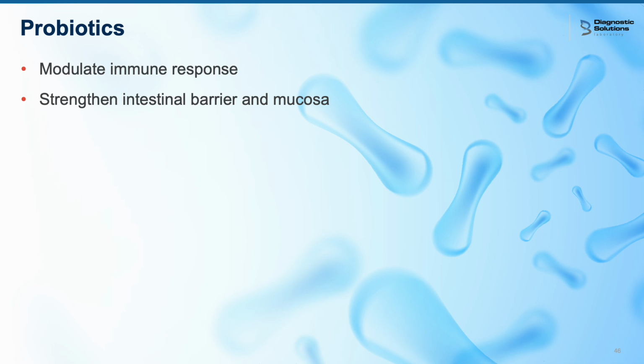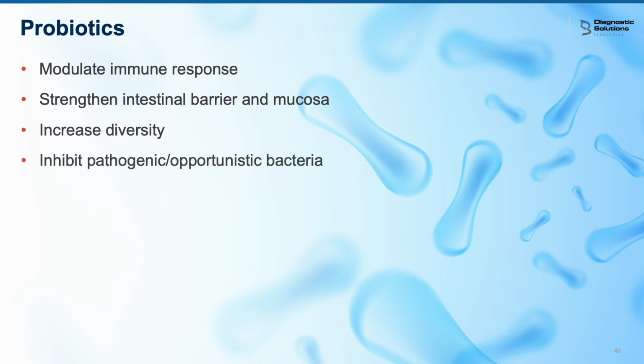They can strengthen the barrier and mucosal production, increase bacterial diversity or microbial diversity. Probiotics can inhibit pathogenic and opportunistic bacteria, can decrease inflammation, promote tissue healing. So a lot of really beneficial actions here for probiotics. I think they have a place in inflammatory bowel disease. And then the next slide will look at these strains.